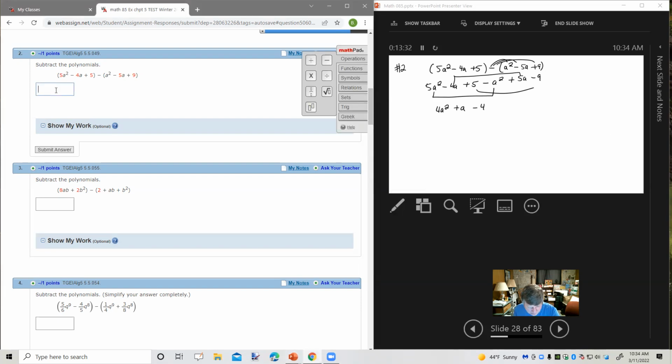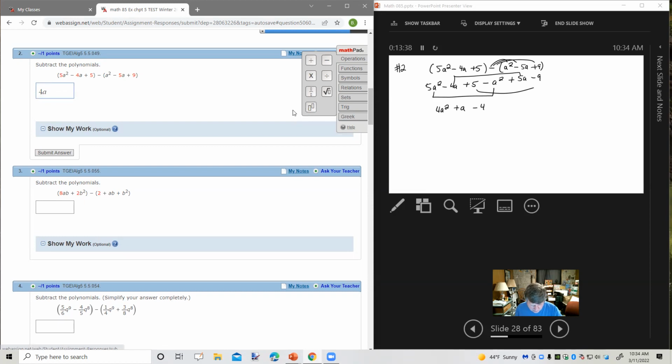Okay, so we've got 4a squared, and then plus a minus 4. Be sure to check your answer before you submit it so that you don't enter the wrong thing or submit the wrong thing.